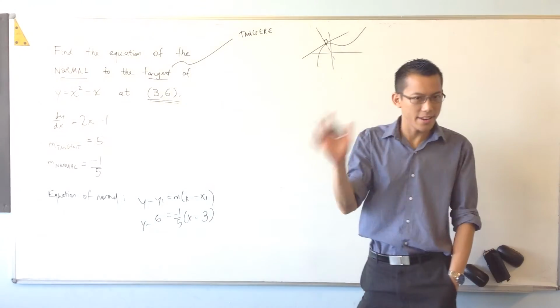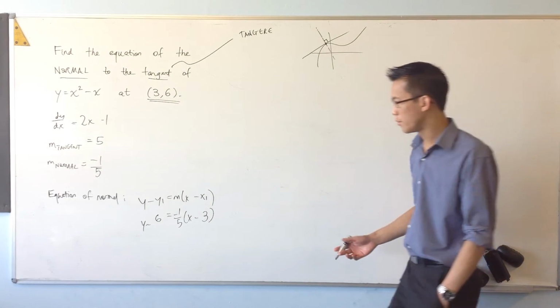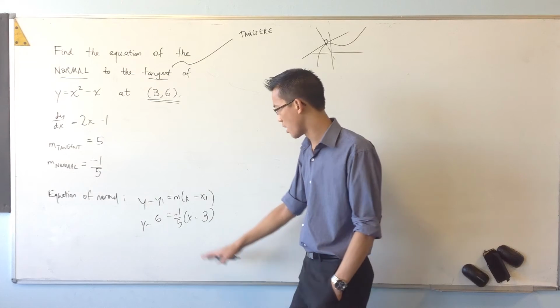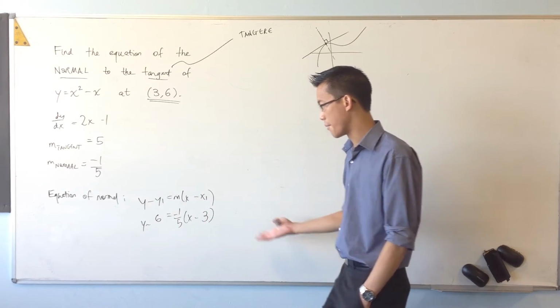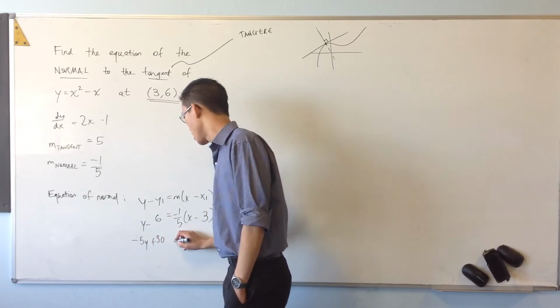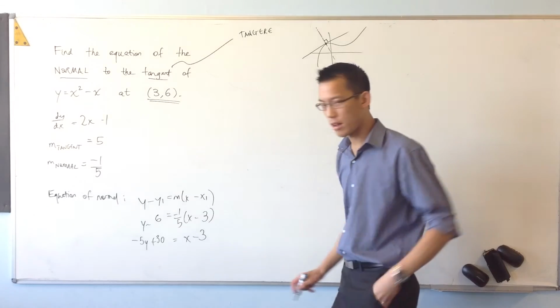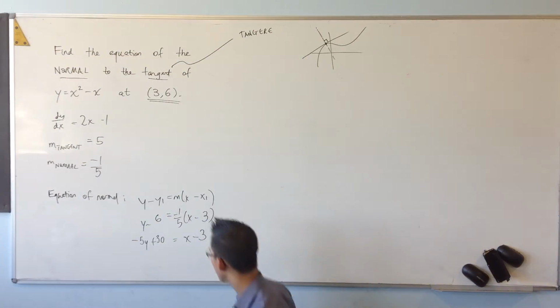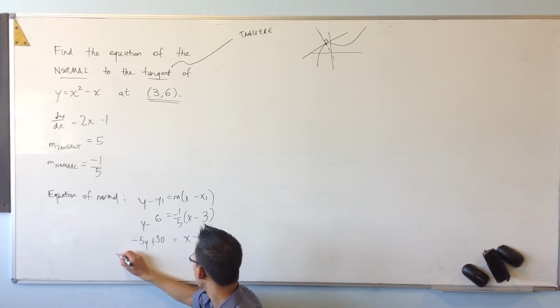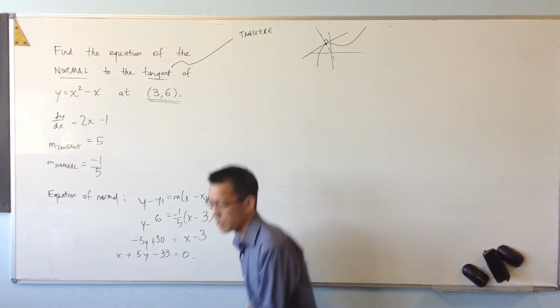Now you could expand, I suppose, but it's kind of neat to have it in general form. Often that's the best way to present. So I'm going to multiply through by minus 5, which will give me minus 5y plus 30. This will just be x minus 3. And then I'll tidy up by bringing everything onto one side. So it's going to become x plus 5y minus 33 equals 0.